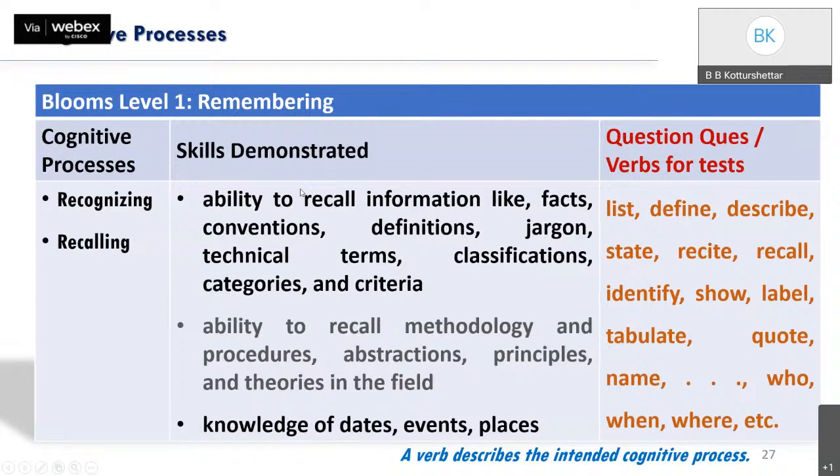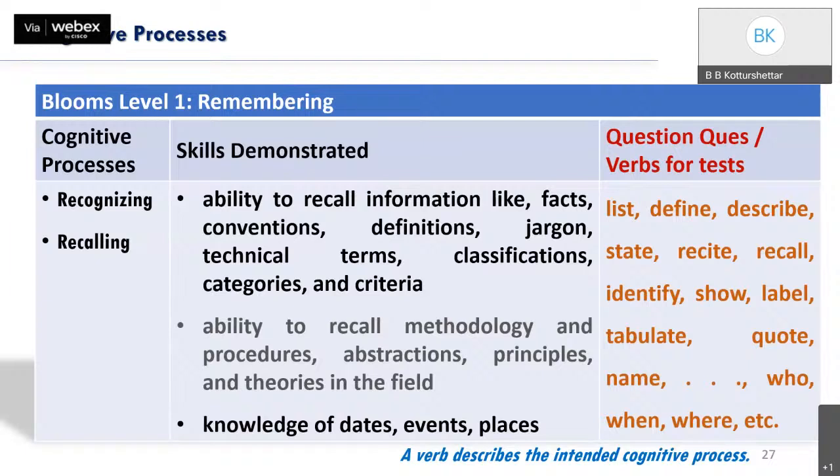Now, if you take a look at this table, these two cognitive processes, recognizing and recalling, help us make students demonstrate these skills. That is, the ability to recall information like facts, conventions, terms, the ability to recall methodology, procedures, and also the ability to recall dates, events, places.